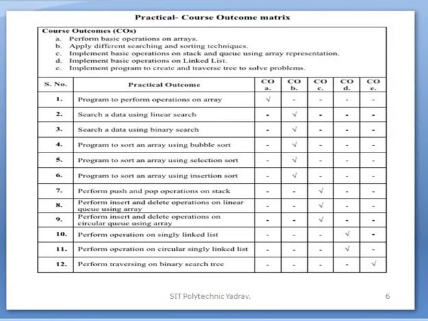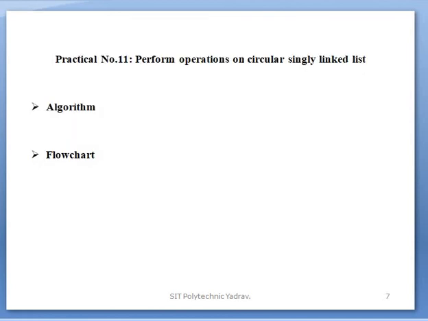These are the practical course outcome matrix. In today's practical session, you will learn practical number 11, that is, perform basic operations on circular linked list, which is mapped with the fourth CO. Practical number 11: perform operations on circular singly linked list.